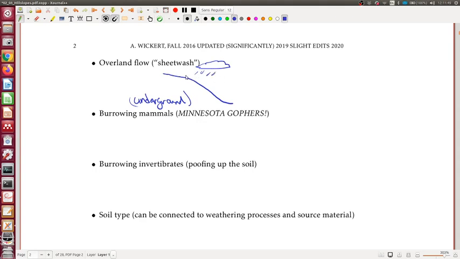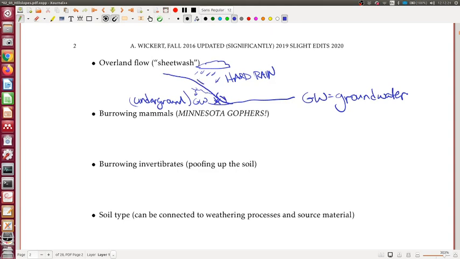If it's raining harder and faster than that water can soak into the soil, so hard rain, or if the groundwater table is actually at the surface such that there's nowhere to go, there's already somebody there, that can cause this water to run off over the surface.